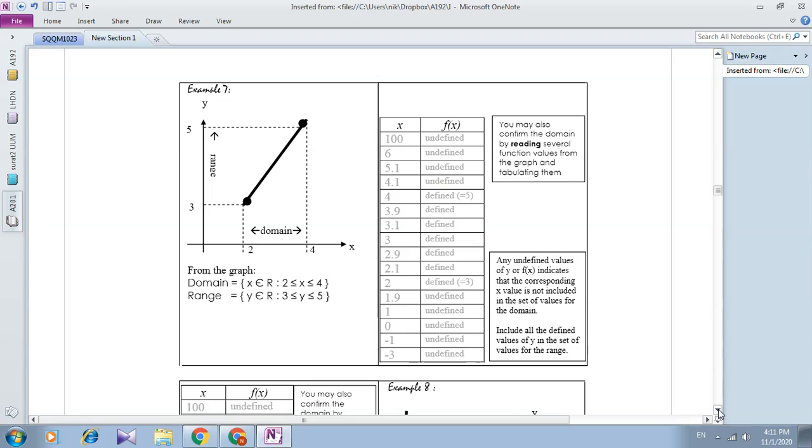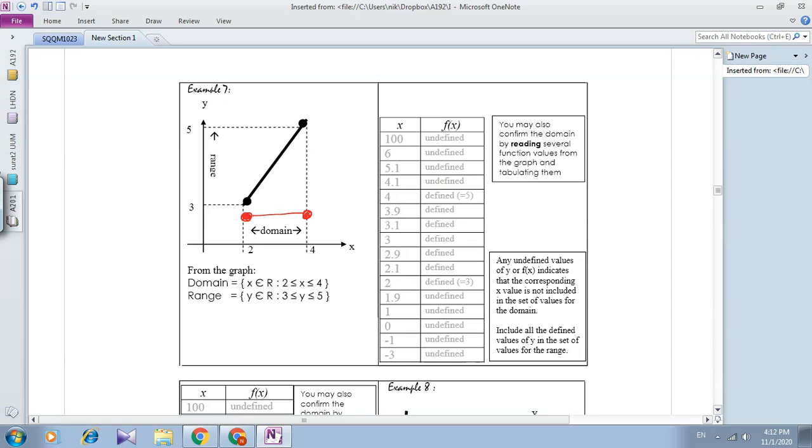In example 7, we have two black dots. You can see it already marked on the coordinate system. The domain will be all value inputs from 2 until 4.